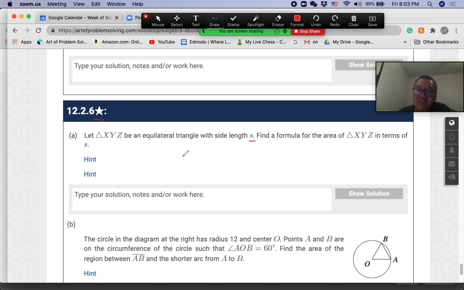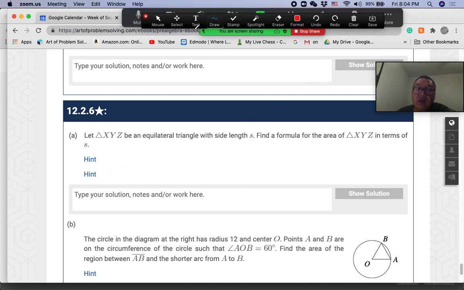In our example, we got this equals root 3 over 4 times S squared. This is the area of this triangle XYZ. Remember, in our example, we used A, right? Here, use S, so you get this answer immediately. Okay, this is A. Now let's go to B.